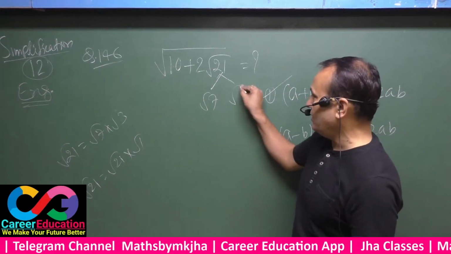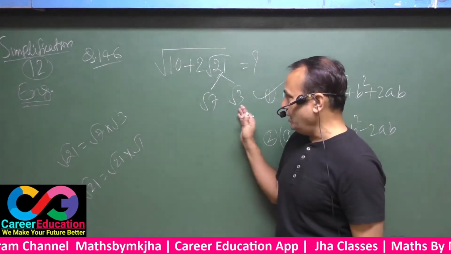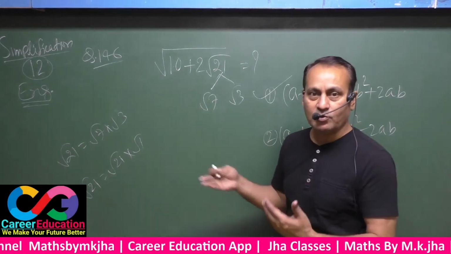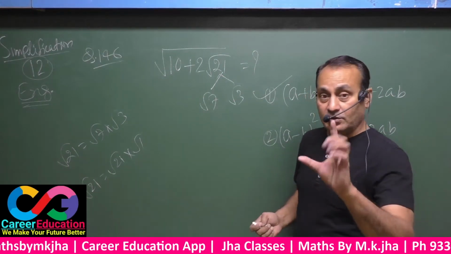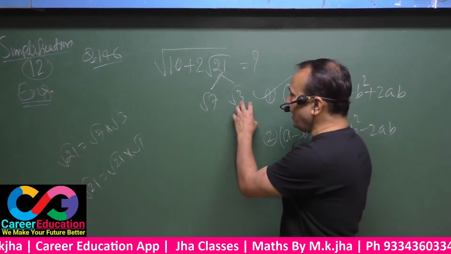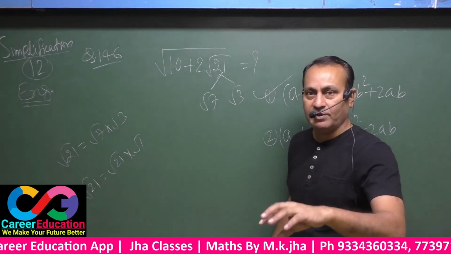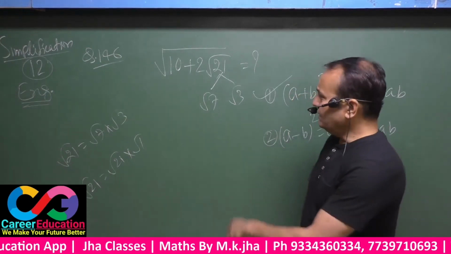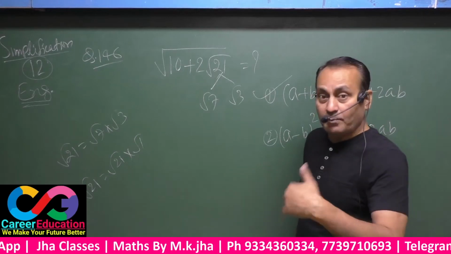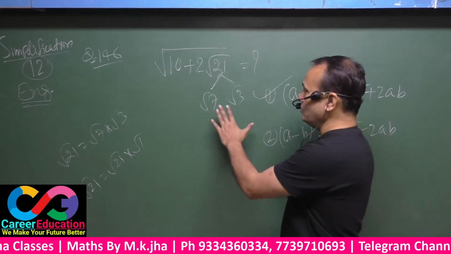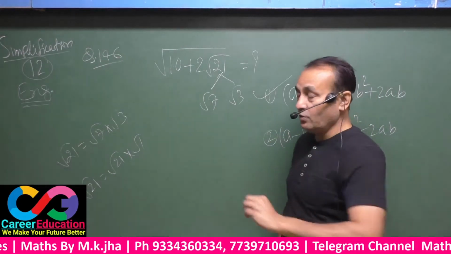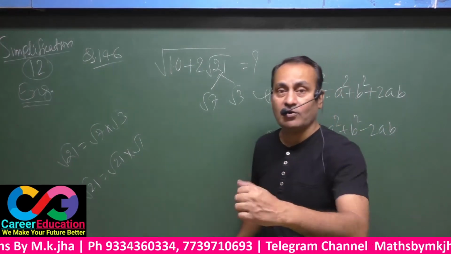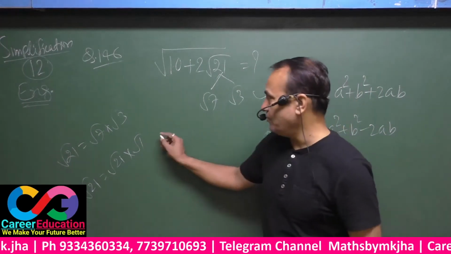That means under root 7, under root 3 after multiplication is under root 21. Now you guessed root 7 and root 3 may be the values of a and b. Okay. You have to match the complete situation here, whether root 7 is a, root 3 is b, totally satisfy or not. For that you have to write here.